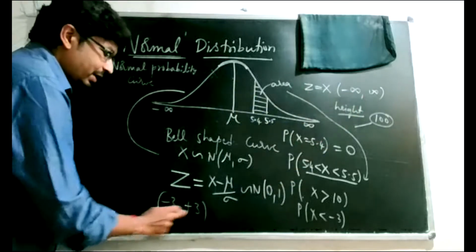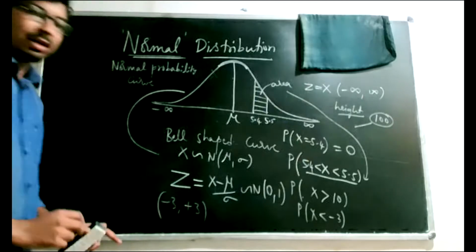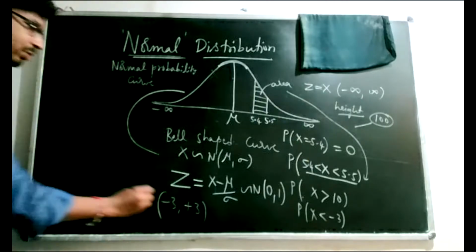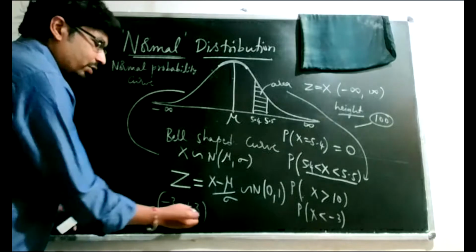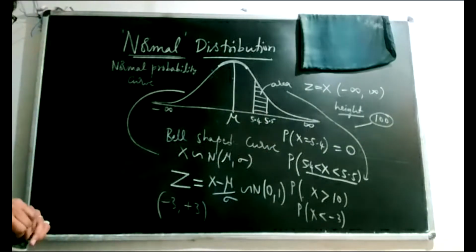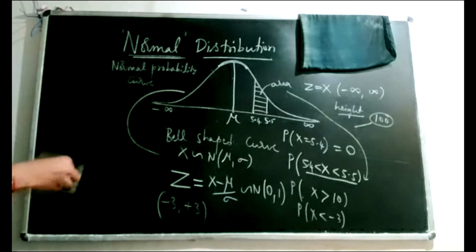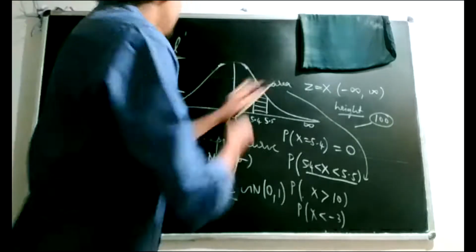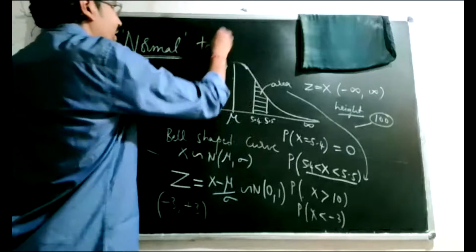Therefore, for each and every particular value with a skip of 0.1 or 0.2, we could produce the area, and those areas are recorded in the form of what are called normal tables or standard normal tables.